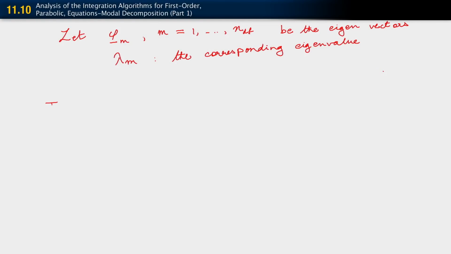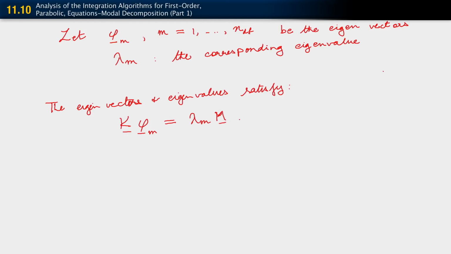The eigenvectors and eigenvalues satisfy the following equation: k phi m equals lambda m times m phi m, with little m going from 1 to the number of degrees of freedom.